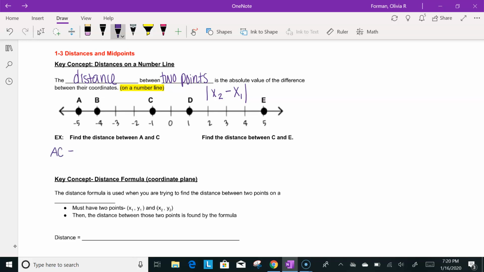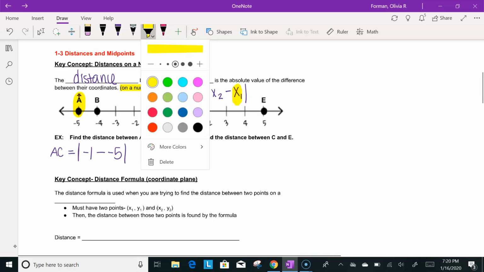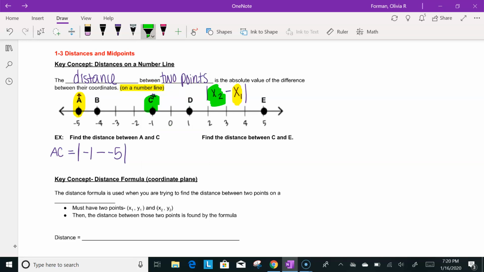We take our first element, A, that's x1, and our second element C, that's x2.